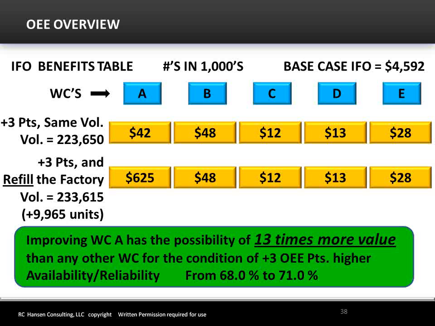Just imagine how powerful this type of information could be for your plant leadership team when making decisions of where and when to use your key resources for factory improvement. Even more powerful is the new vision of just how much money is currently being left on the table every day.